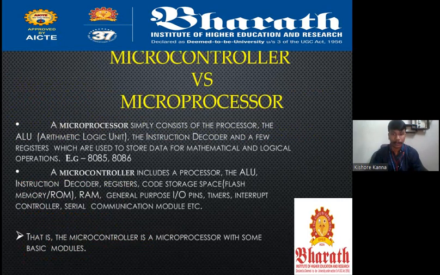A microprocessor simply consists of the processor which has an ALU. ALU means arithmetic logic unit, a unit which processes the given input data by arithmetic operation in a logical specification. The instruction decoder is a component in the microprocessor which decodes the given instruction from the microcontroller or control system.